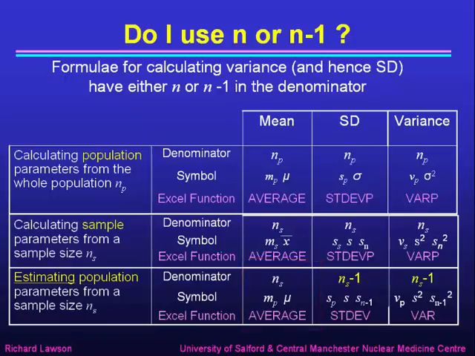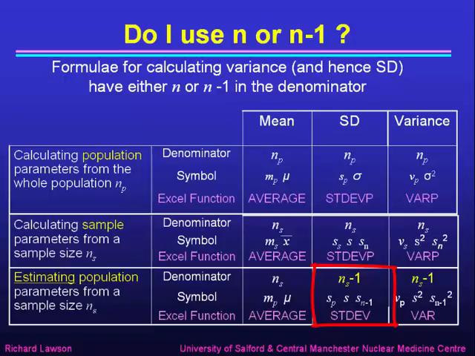But we've already seen that calculating the sample standard deviation is an underestimate of the population standard deviation, so you need to put Ns-1 in the denominator of that equation. If you do, you will calculate the population standard deviation. I've called it Sp, some texts might call it S, or Sn-1, indicating that there's an n-1 in the denominator.